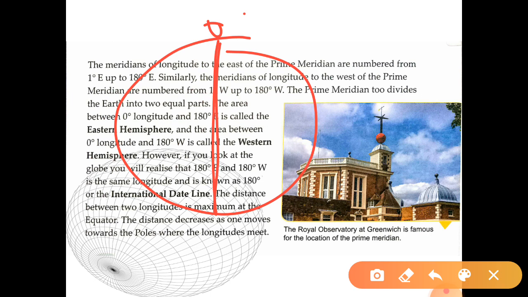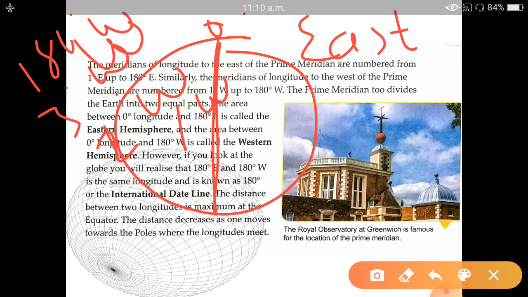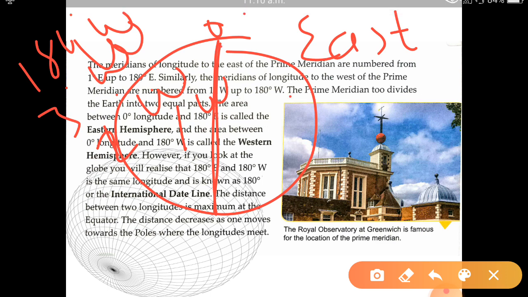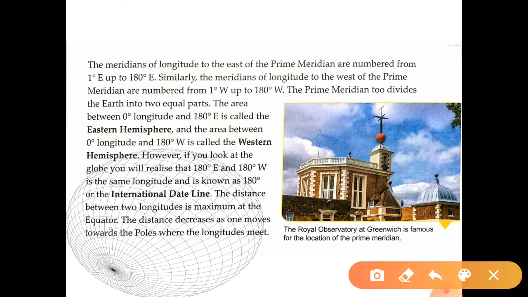If we move from it to the west side, it is numbered 1 degree west, 2 degrees west, 3 degrees west, and so on till 180 degrees west. In the same way to the eastern side, here 1 degree east, 2 degrees east, 3 degrees east, 4 degrees east, till 180 degrees east.